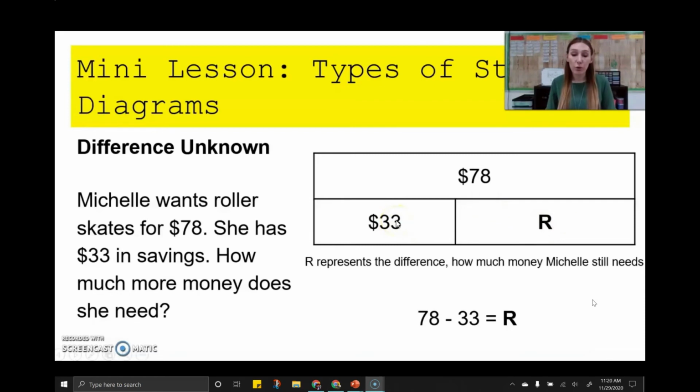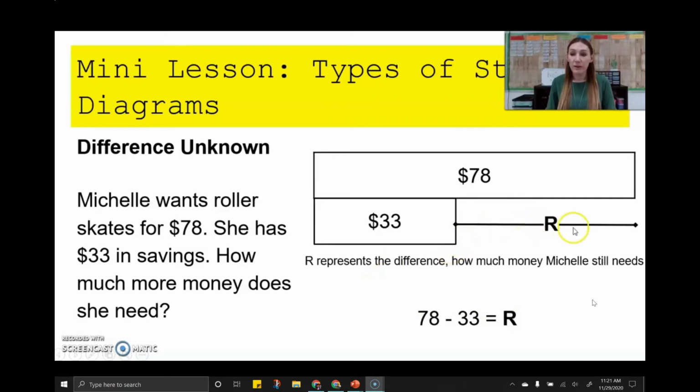So we do have a total in this question. Michelle needs a total of $78 in order to buy her roller skates, but she already has $33. So we need to figure out the difference between 33 and 78 to find out how much money she still needs. So our equation would be 78 minus 33 equals R for roller skates.